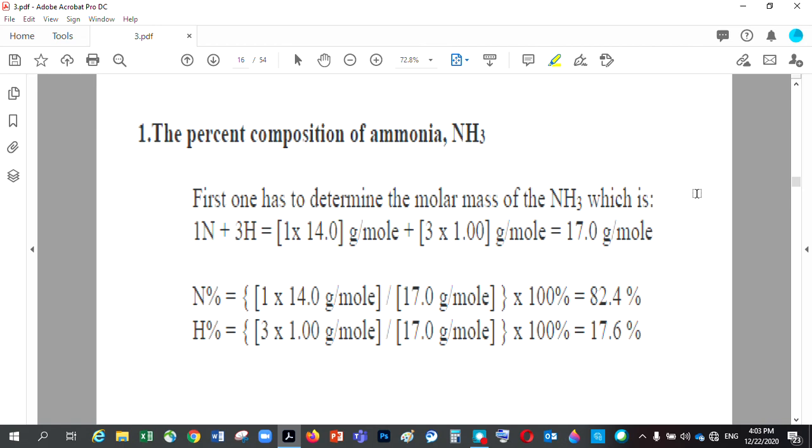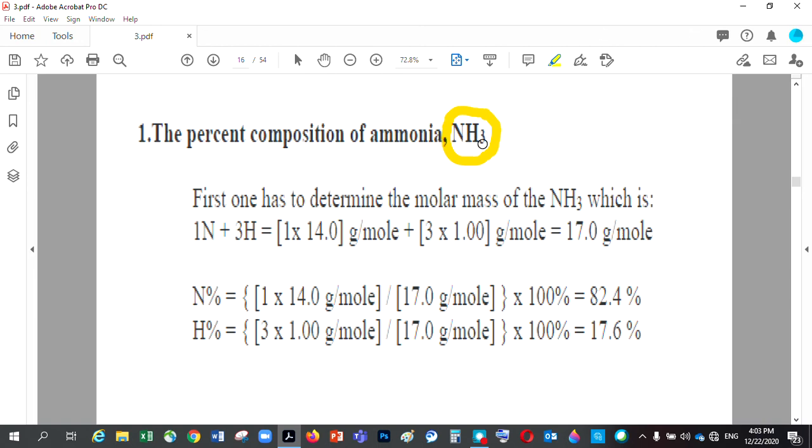As I said, we have very comprehensive coverage of this empirical formula, and we'll go over several examples. The first one, the percent composition of ammonia, NH3. How in the world will I know the composition of nitrogen and hydrogen inside ammonia? How much percentage nitrogen?